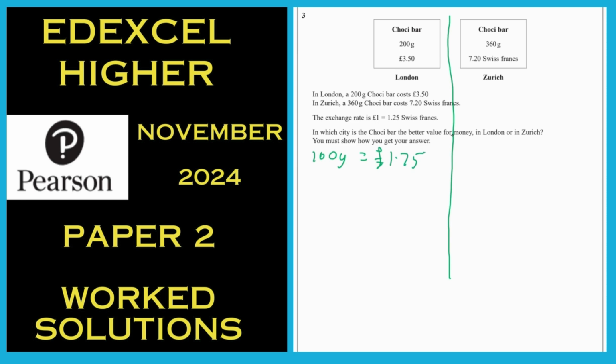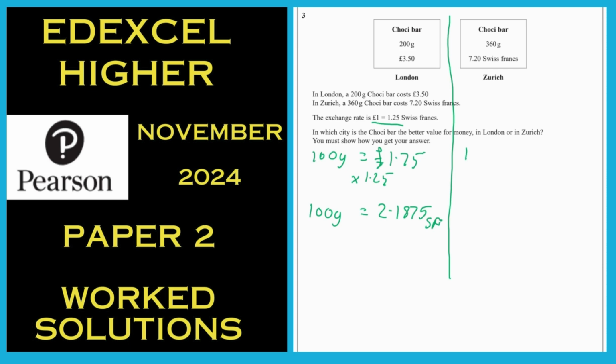You can take that a stage further, because to convert pounds to Swiss francs, you multiply by 1.25. And we get that in London, 100 grams would cost the equivalent of 2.1875 Swiss francs.